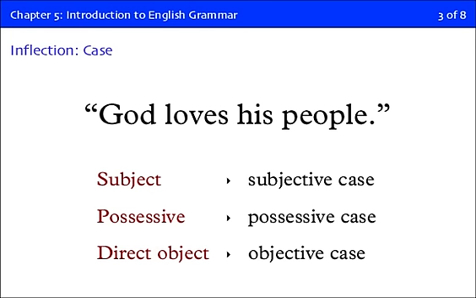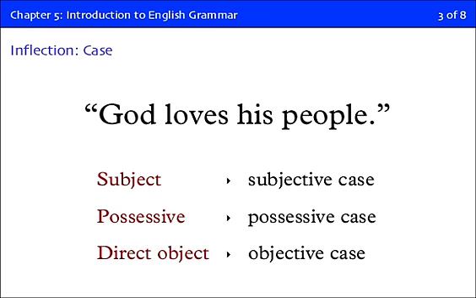The word God is acting as the subject of the verb, and therefore in English it's in the subjective case. People is acting as the direct object, and therefore is in the English objective case. And his is functioning to show possession, and so is in the possessive case. Those are the three cases in English.